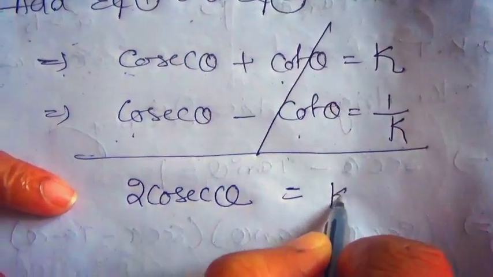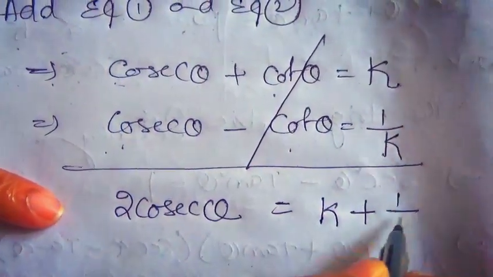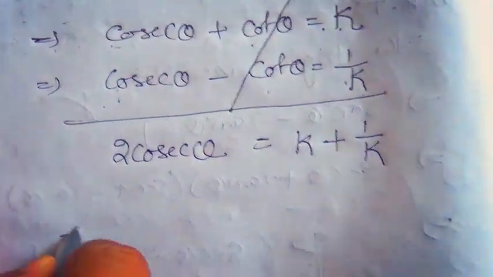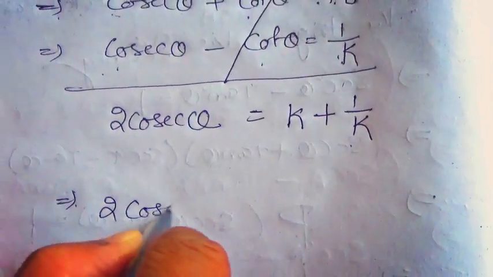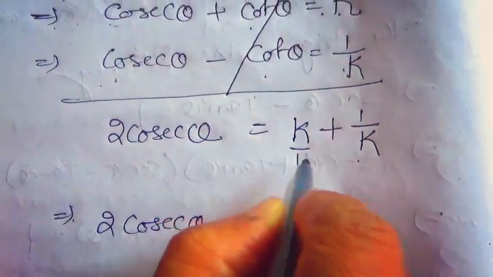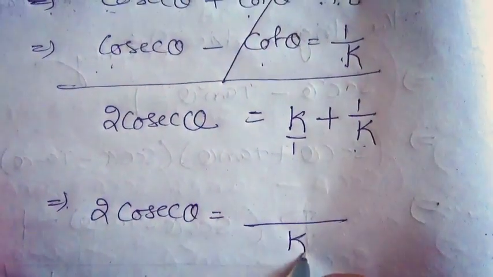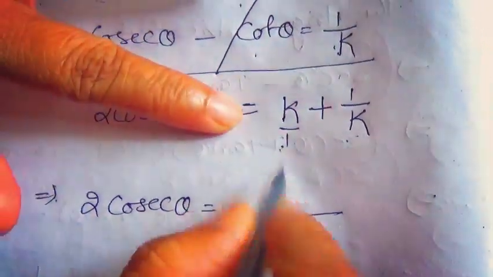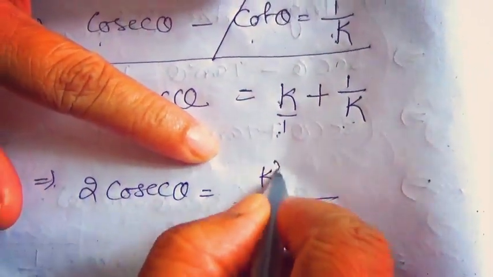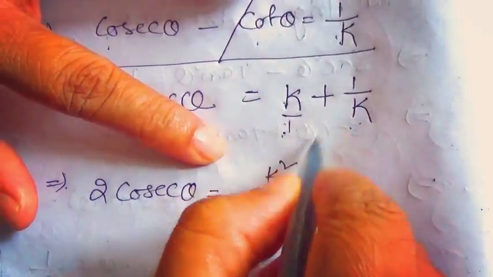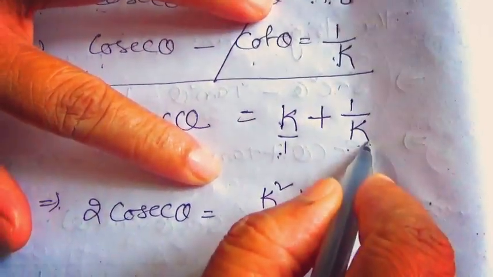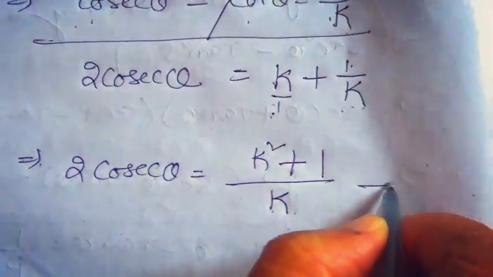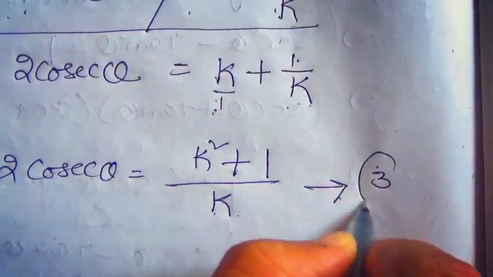That is equal to k plus 1 by k. So 2 cosecant theta is equal to the LCM of these two, k: k into k gives k square, plus 1, over k. That is k square plus 1 by k. Okay, this is equation number 3.